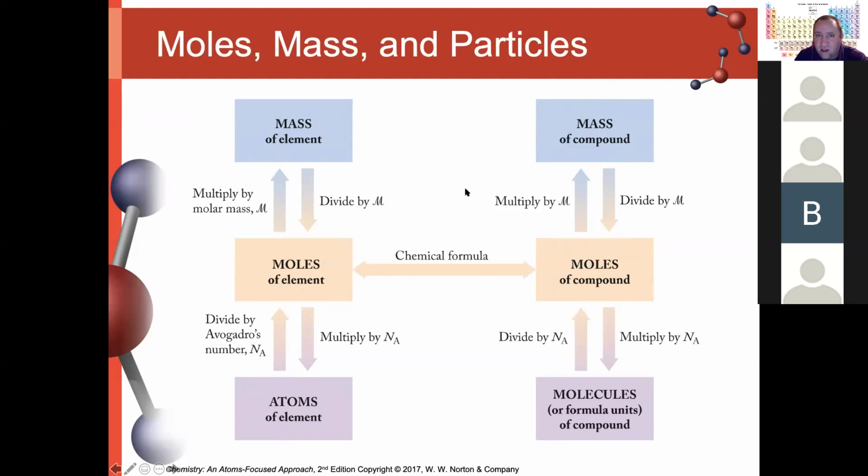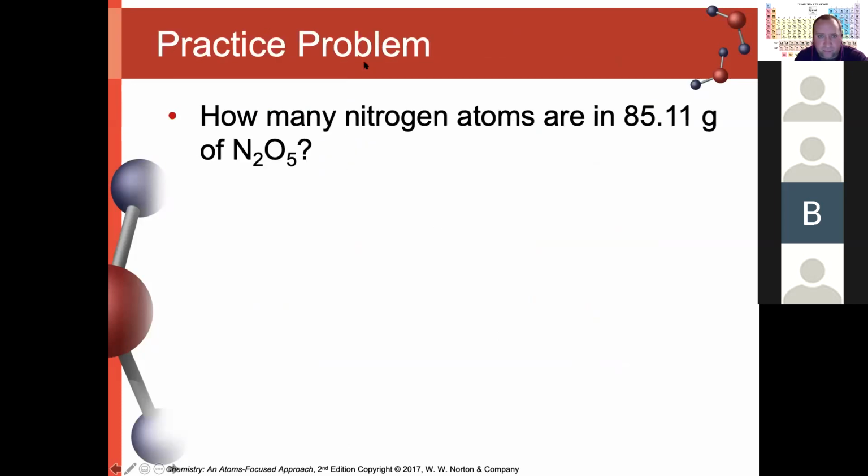So taking that Q, if I start with my 85.11 grams of dinitrogen pentoxide, my first step would be to convert the grams of this substance into moles.